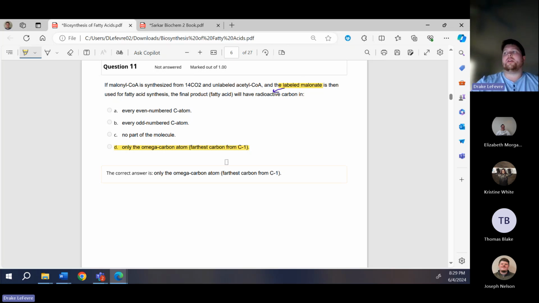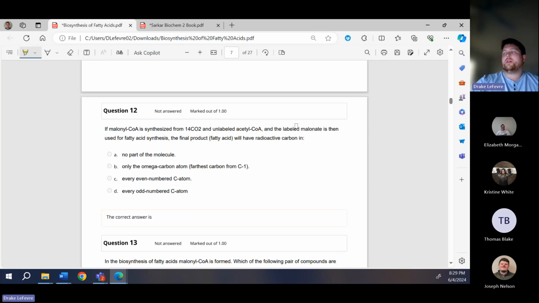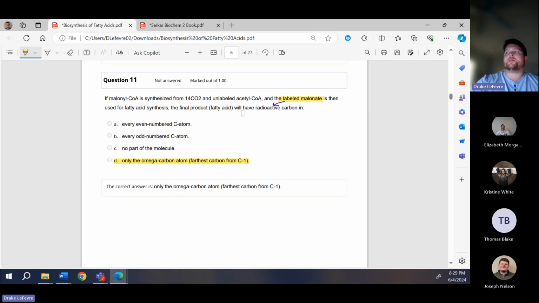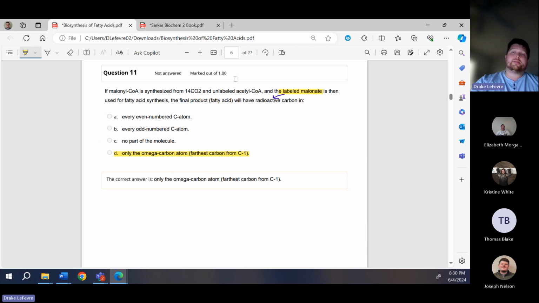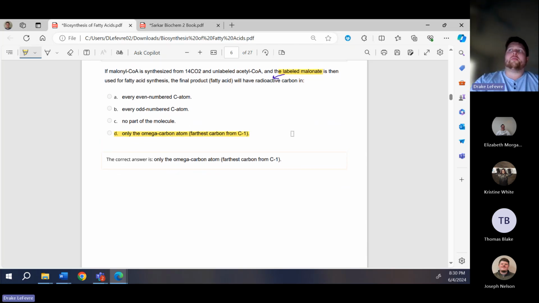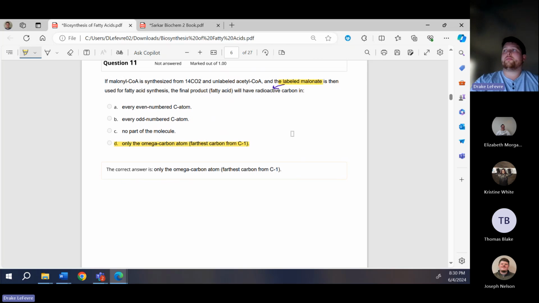So the malonate will be the very last one. Acetyl-CoA is the first one. So if this was labeled acetyl-CoA, and it was just one acetyl-CoA, that first carbon would be labeled, because acetyl-CoA is where we get our first carbon from when we synthesize everything.